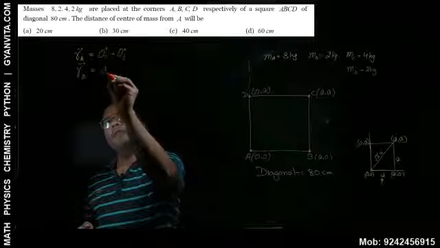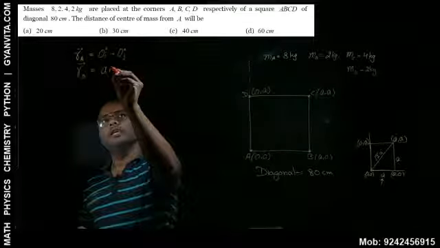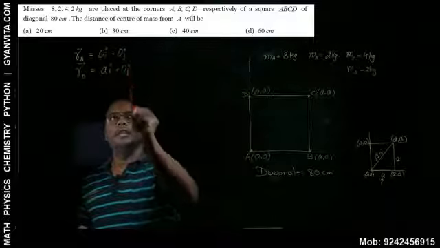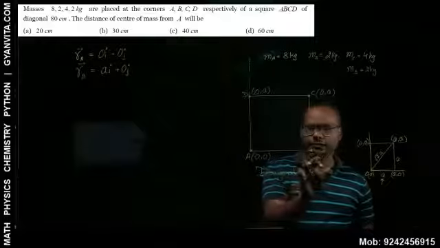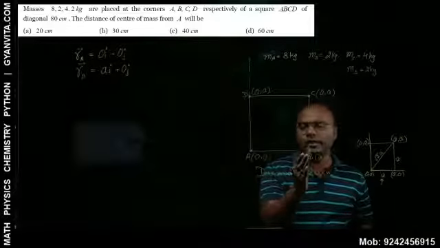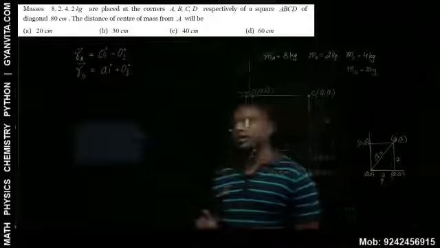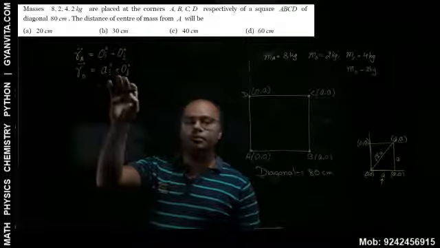Okay, I'll do it for you. You tell me the next one. So this is actually A i cap plus 0 j cap. In the i direction, A, and in the j direction, that is in the y axis, there is 0. So that's why the position vector is A i cap plus 0 j cap.